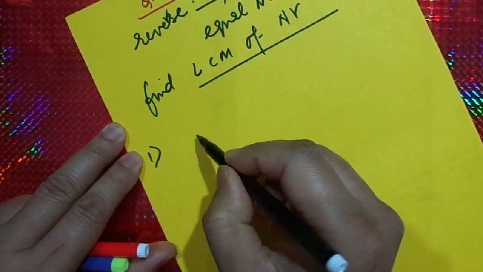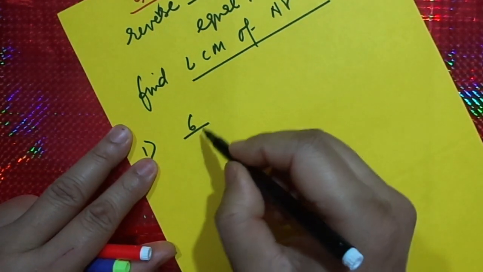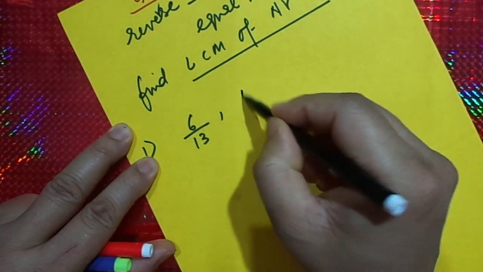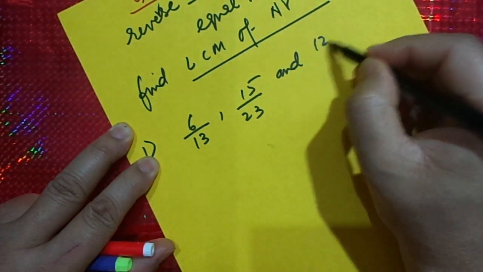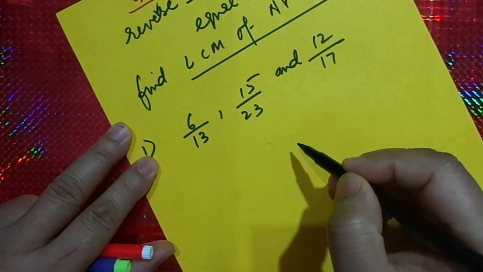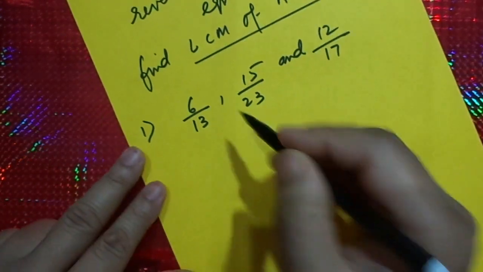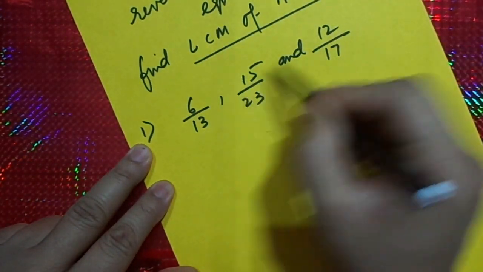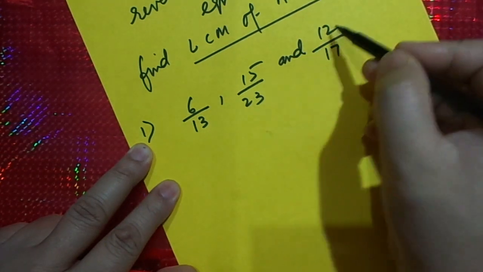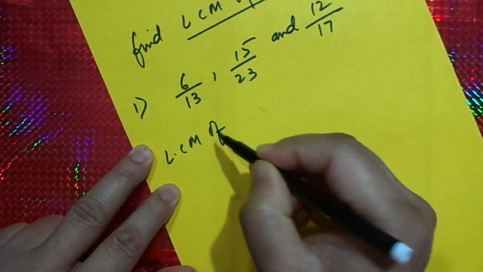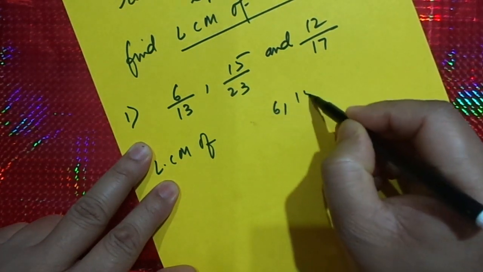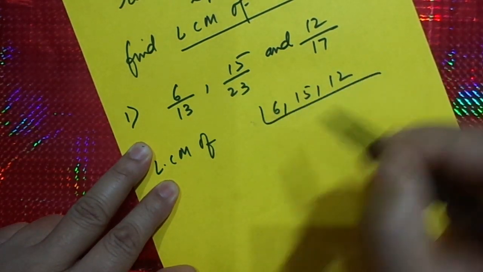So in number 1, which is already given as 6 by 13, 15 by 23 and 12 by 17, you are being asked to convert each of the numerators to an equal value. So we will find the LCM of the numerators, that is 6, 15 and 12.